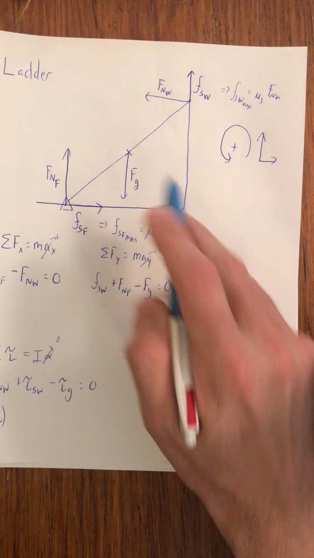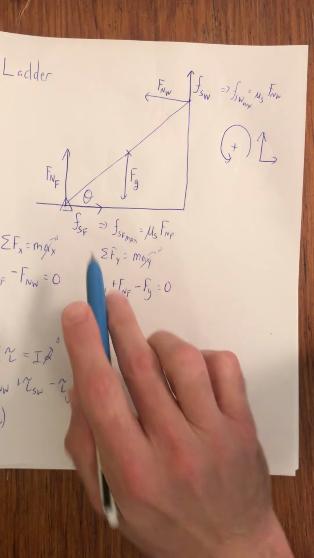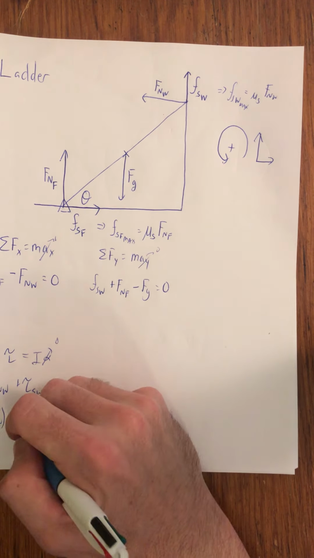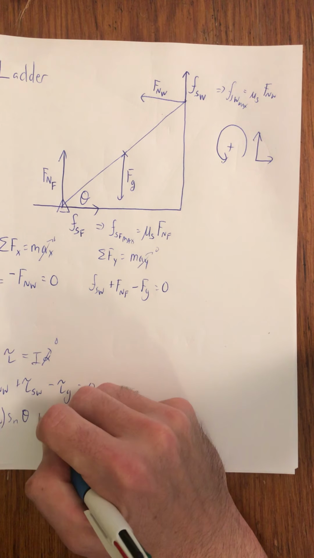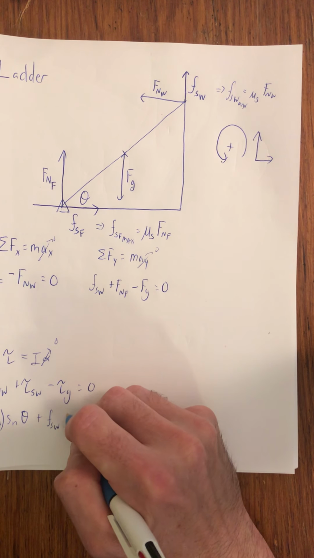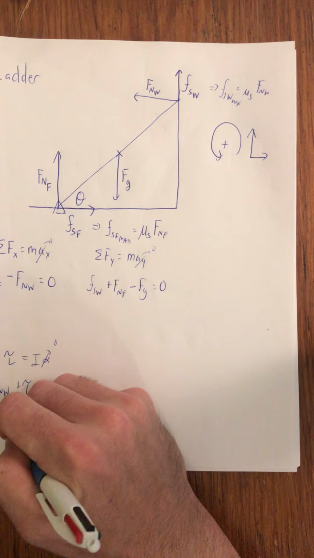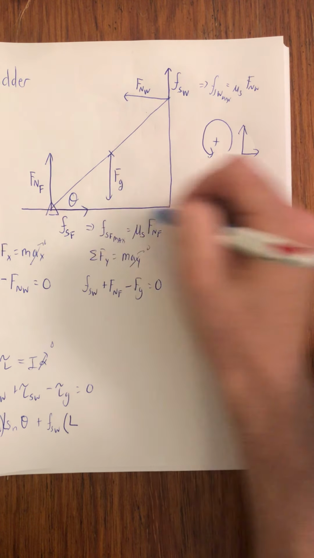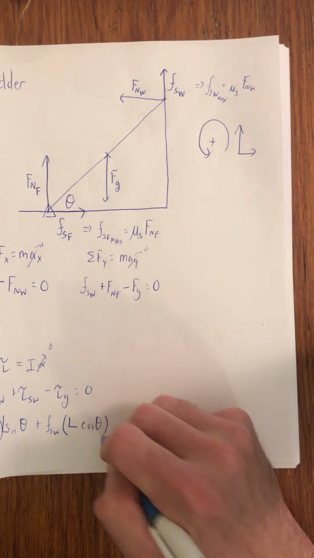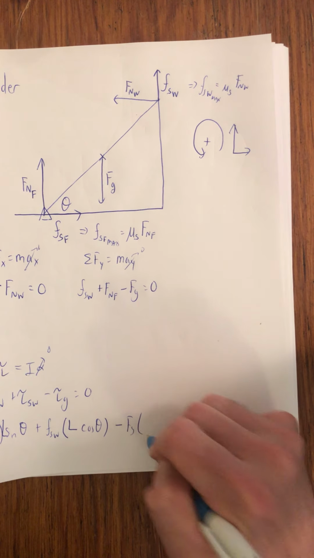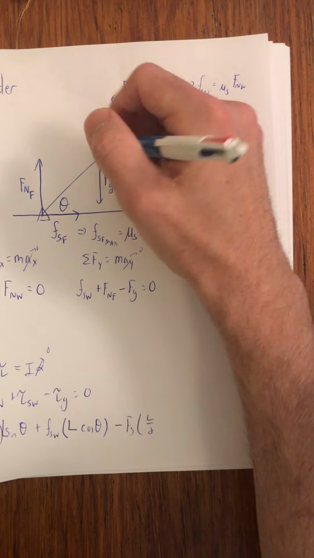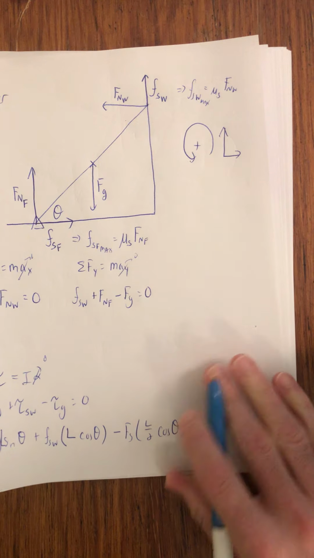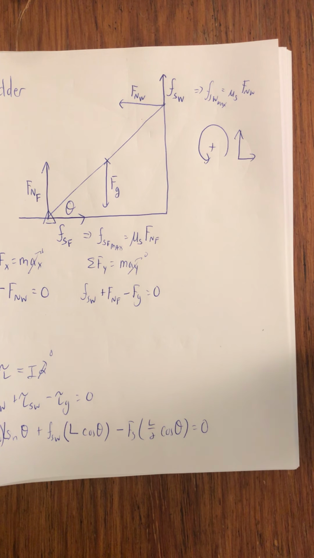Yep, it would be this here, which means that all of this is based on the angle of inclination of the ruler. And so that's going to be the vertical part of this. So Fnw L sine theta plus Fsw, and then L, the whole length, cosine of theta, minus Fg, and then this is L over 2, and then it's just this part, so cosine of theta, is equal to 0.